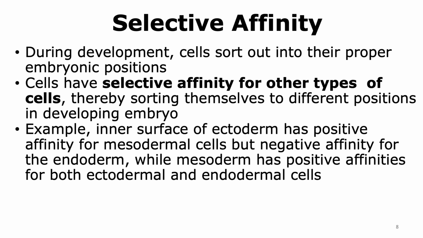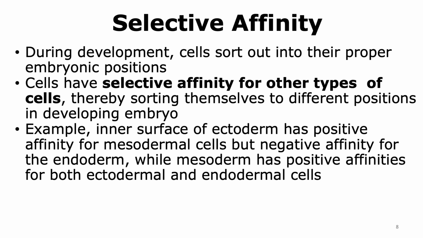For example, the inner surface of the ectoderm, which is a germ layer, has a positive affinity for another germ layer of cells, which is the mesodermal cells, but a negative affinity for the endoderm, which is the third germ layer. What this basically tells us is that the ectoderm likes the mesodermal cells but does not like to interact with the endodermal cells.